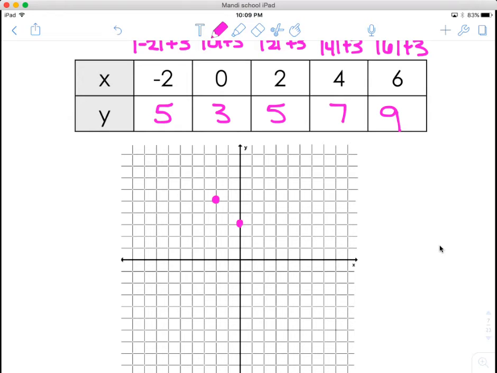So we have negative 2, 5; 0, 3; 2, 5; 4, 7; and 6, 9.